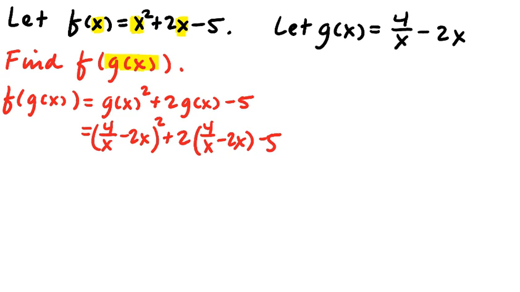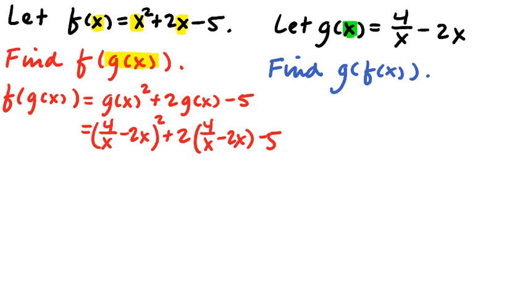On the other side, we've got g of f of x. So I might just say find g of f of x. Now remember, g of x is 4 divided by x minus 2 times x. So for g of f of x, I'm just going to plug in f of x wherever I saw x initially.